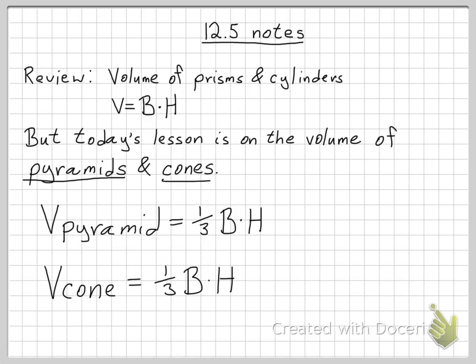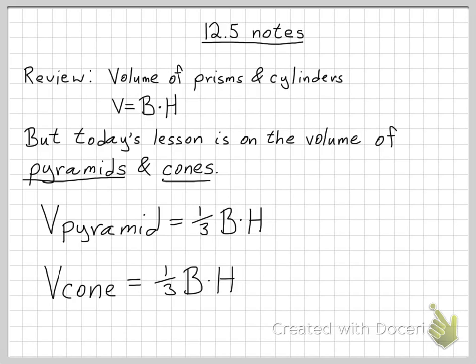So the relationship between the volume of prisms and cylinders versus pyramids and cones is, well, the formula, as you can see, is exactly the same. You just have this 1/3. So if the base has the same area, then for a prism and cylinder, you just go base times height. But for a pyramid and cone, you have to multiply by 1/3 or divide by 3.